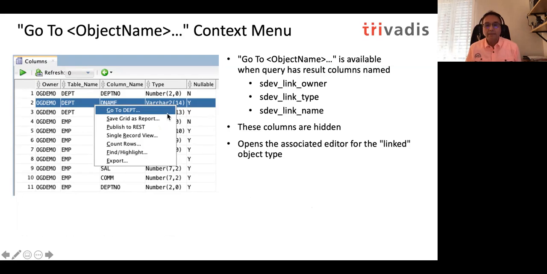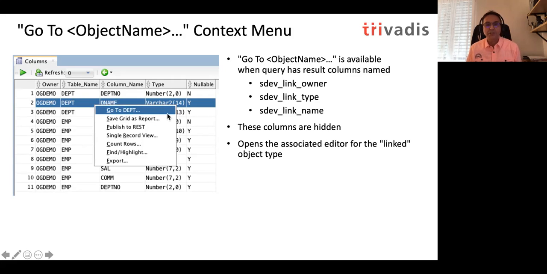And I add that by adding some additional columns to the report. When the report contains these three columns, SDF link owner, link type, and link name, these columns will be hidden and they will be used to navigate to that object you are selecting here.